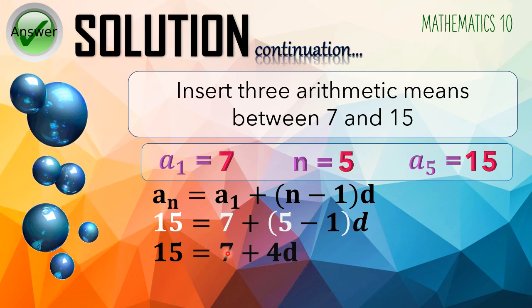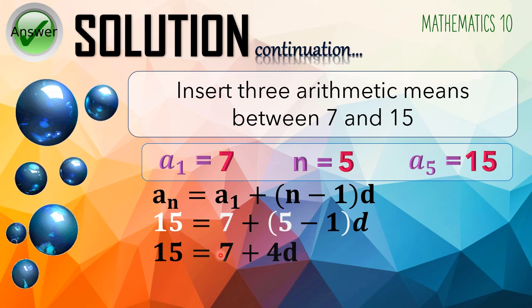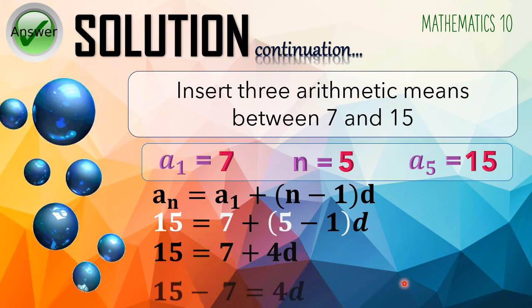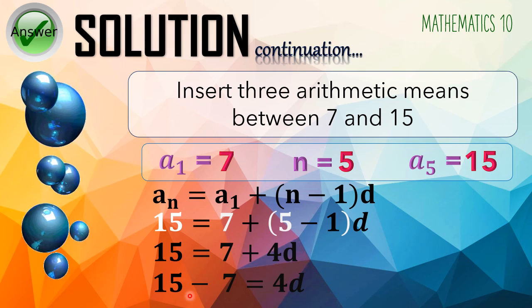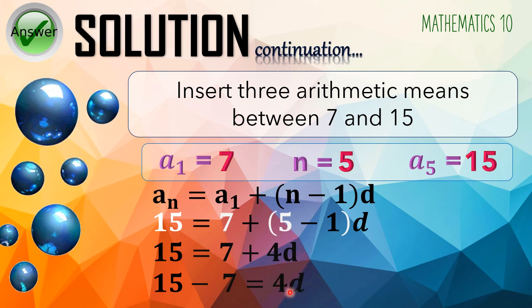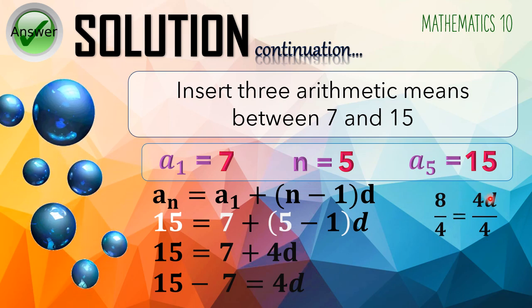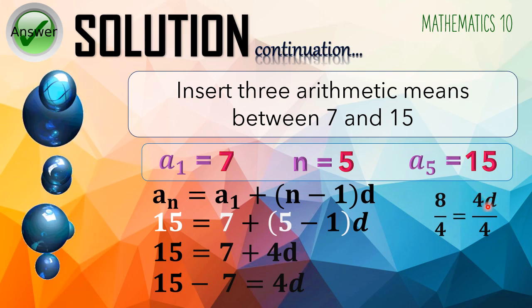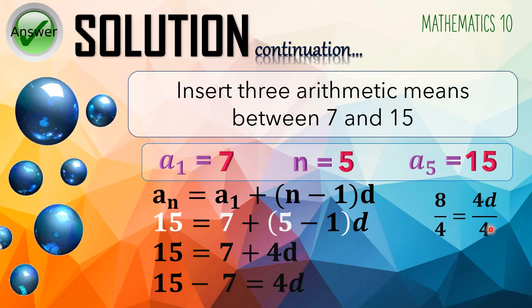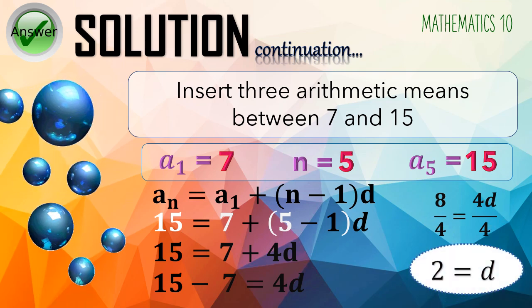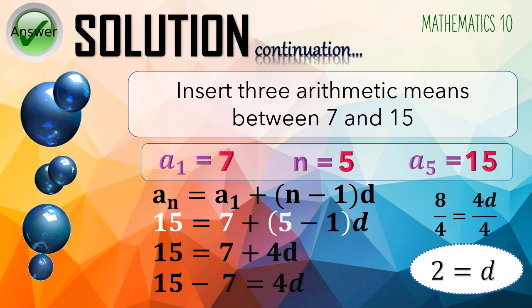We need to combine the like terms: we have two constants, 15 and 7. Applying the shortcut, 15 minus 7 equals 4d. Simplifying further, 8 equals 4d. We divide both sides by 4 to isolate d, and so the common difference is 2.